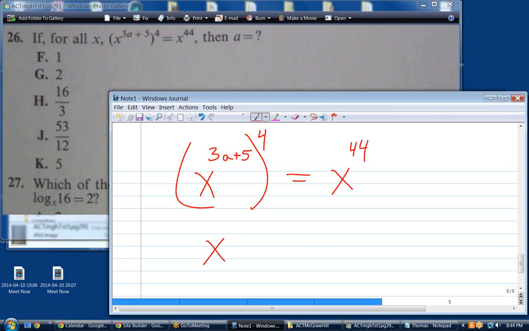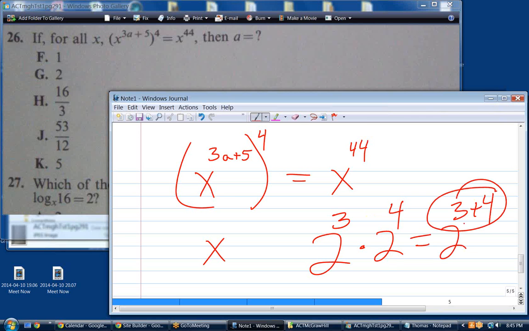In other words, 2 to the third times 2 to the fourth, I'm never going to multiply those exponents because I'm multiplying the bases. So I got to do something different to the exponents. I got to go down one level mathematically. That's 2 to the 3 plus 4. I'm going to add the exponents because I'm multiplying the bases.